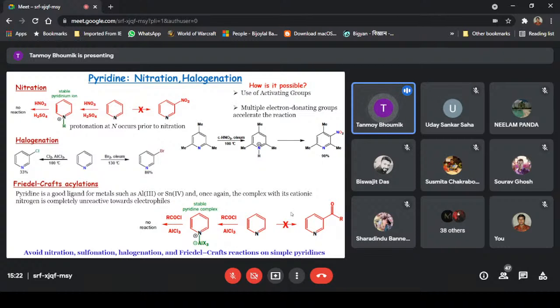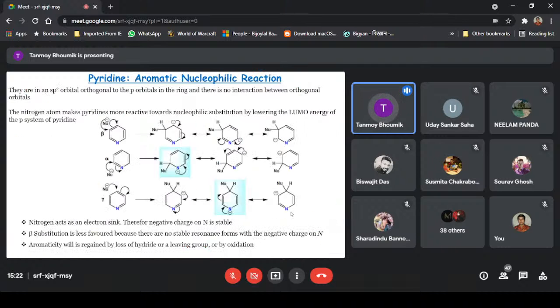Friedel-Crafts acylation is also a similar type of reaction. In pyridine, aromatic nucleophilic substitution is of two types. One is direct attack at the ipso position, or the alpha or beta position. If the alpha position is already blocked, then what happens?